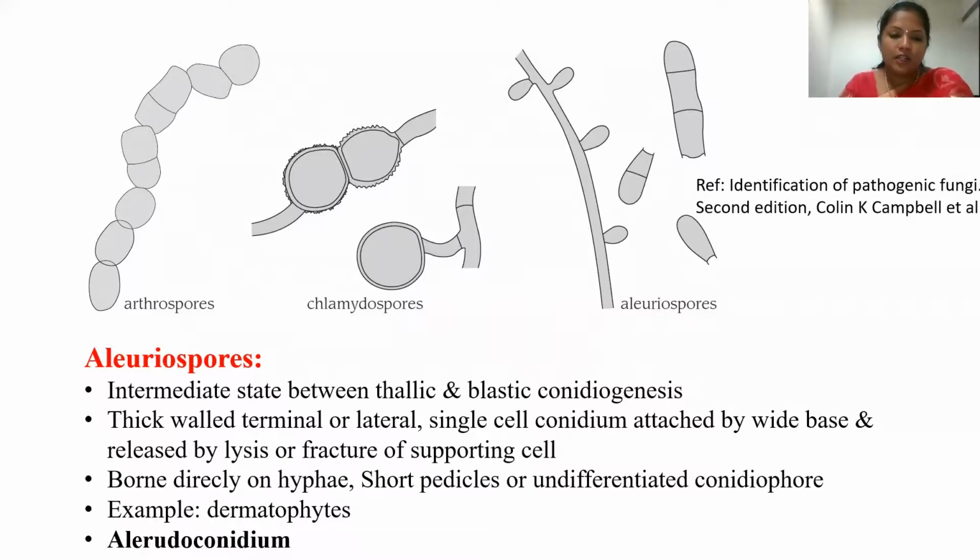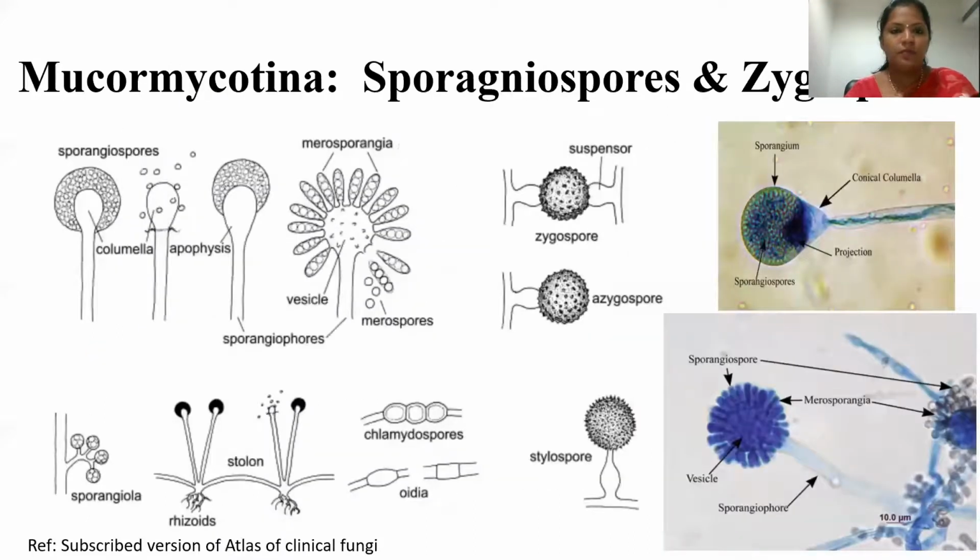They are borne directly on the hyphae, short pedicels or undifferentiated conidiophores. These can be seen in the dermatophytes. Aleuriospores are formed on the conidium, aleuroconidium, but commonly conidium is used.